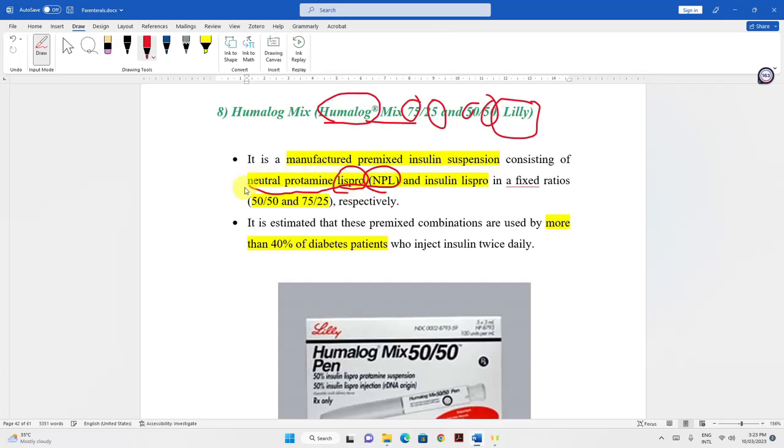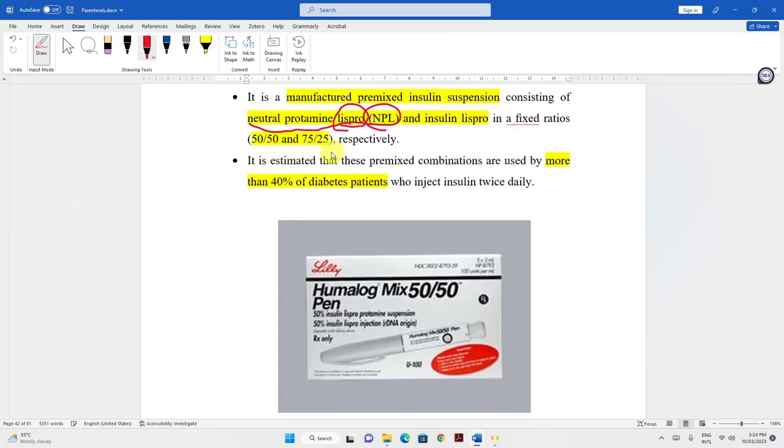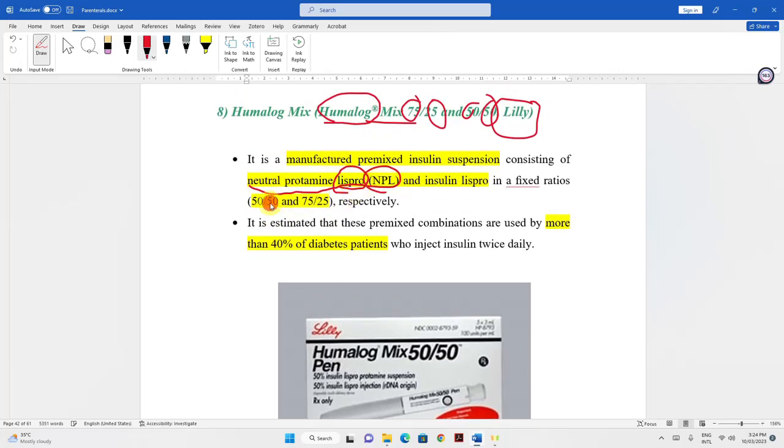And again, similar to human insulin, they added protamine to get the NPL Lispro, which has an intermediate duration of action. So insulin Lispro is 25 and NPL is 75, or we take it as 50-50.